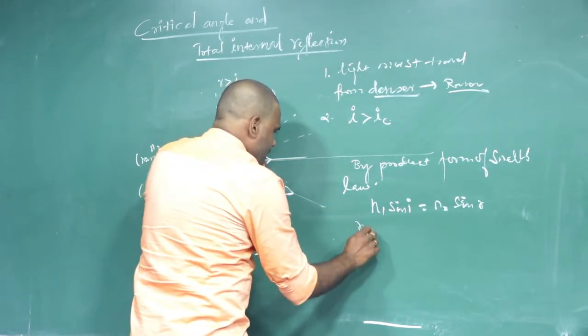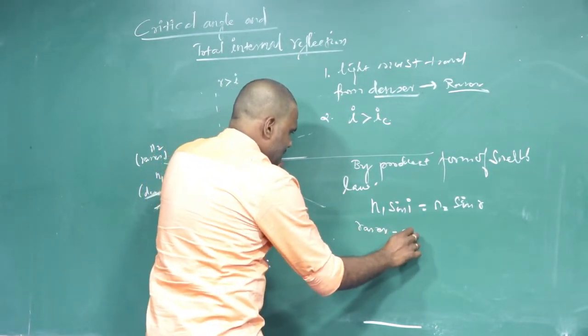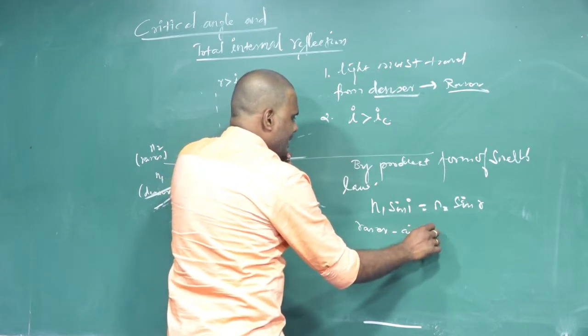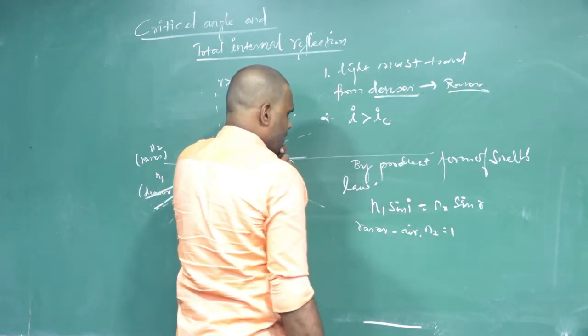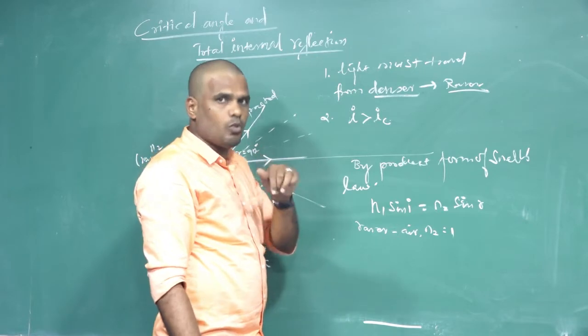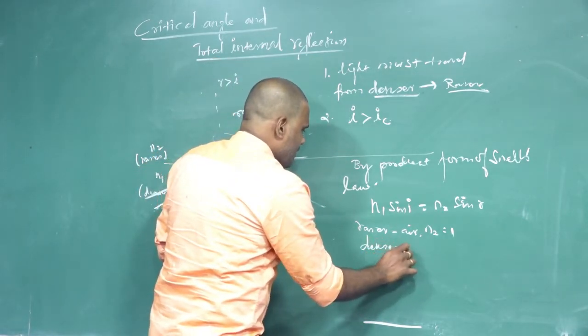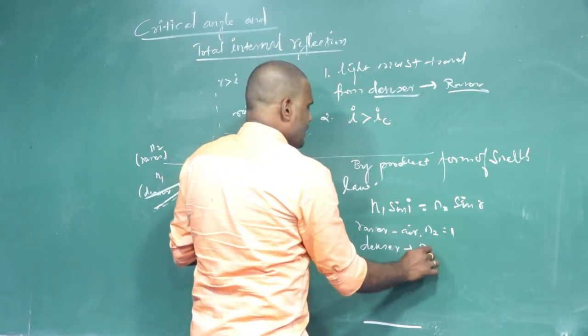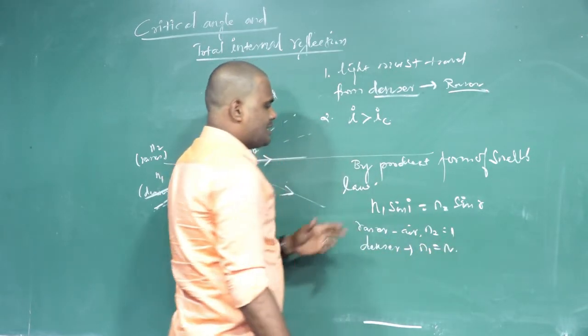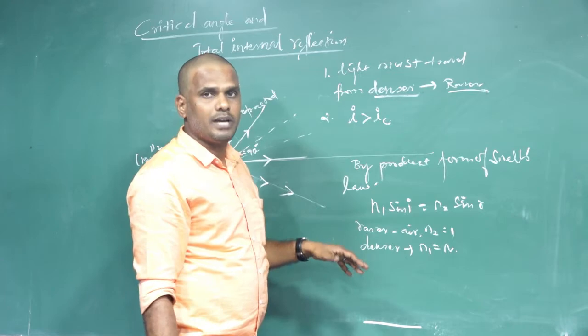If the rarer medium is taken as air, then I can write N2 is equal to 1, because the refractive index of air is 1. And for the denser medium, the refractive index N1 can be assumed as N.